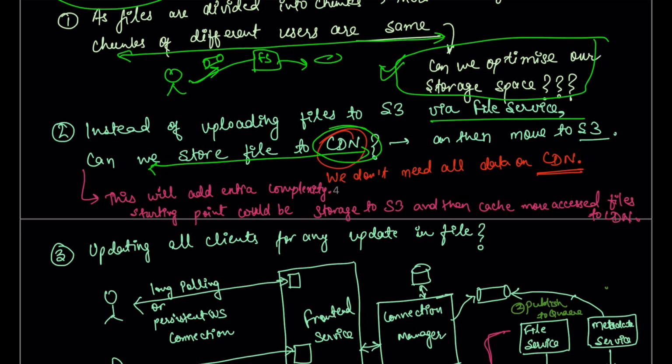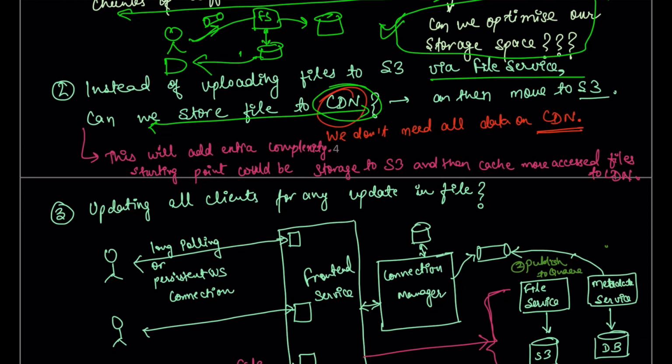Then it is moved to S3. It publishes some kind of notification. This is your sync service, and the sync service pushes the notification to other devices, and these other devices can then get the file from S3, getting all the chunks. So this can be a lengthy process.